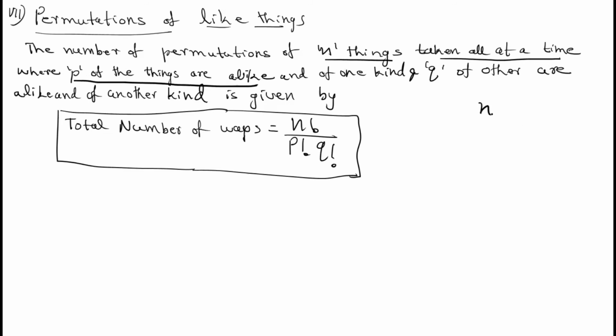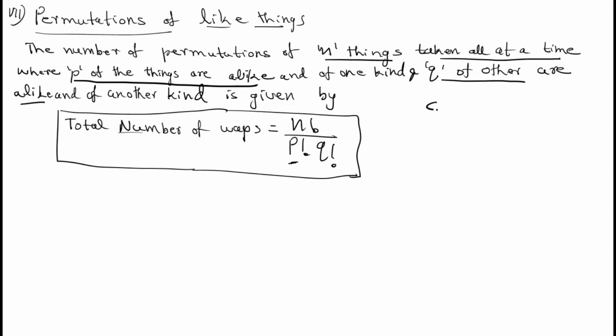In n objects, p are objects of the same kind and q of another kind are alike. That means in that n, q objects are there, they are the same. Total number of ways, that means the permutation, is given by n factorial divided by p factorial into q factorial.